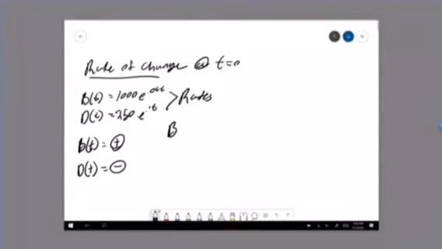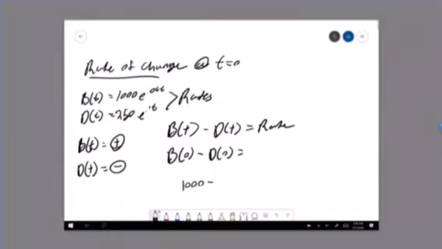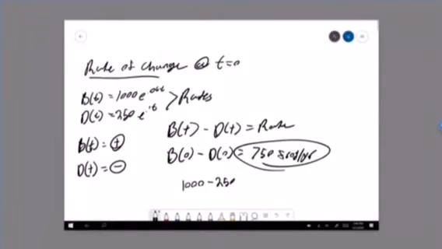So really it's just going to be the birth rate minus the death rate. That'll give you the total rate, and it wants it at time 0. So that really just comes down to 1000 minus 250, which is 750 frogs per year. So that's going to be part A.